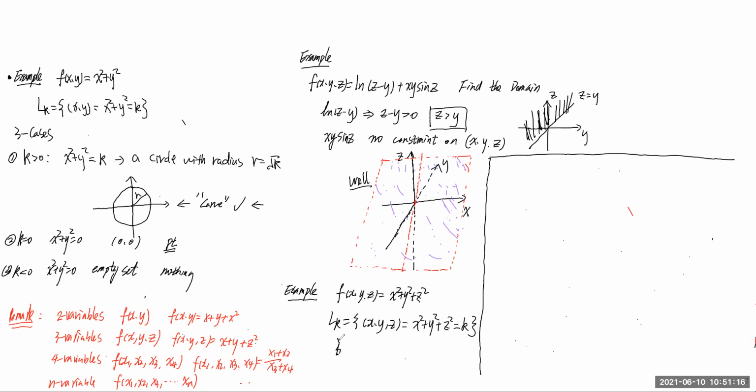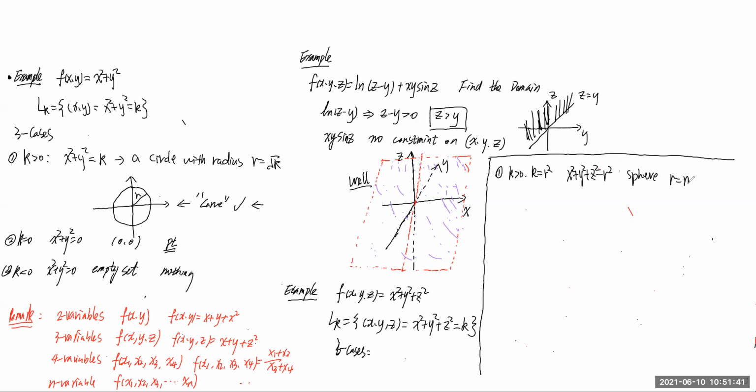We have three cases. Case one, k is greater than 0, so we can assume k is r squared. Then x squared plus y squared plus z squared is r squared. By this, we know it's a sphere with center (0, 0, 0) and radius r.